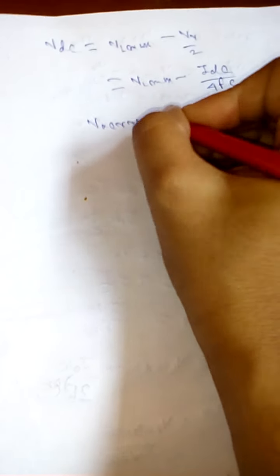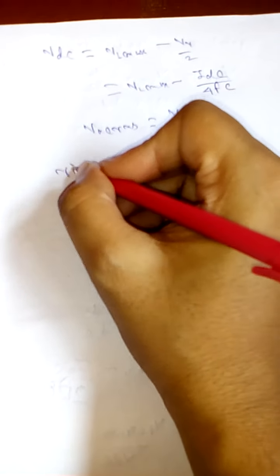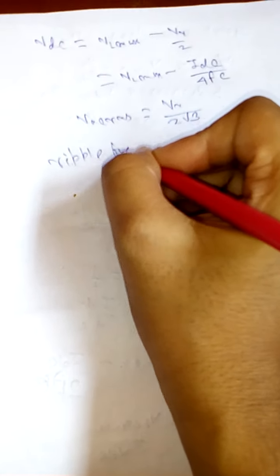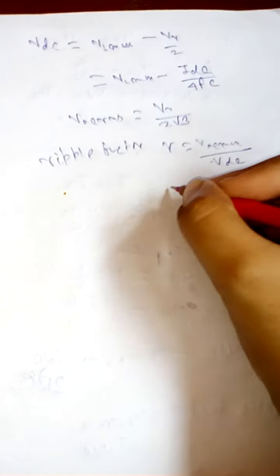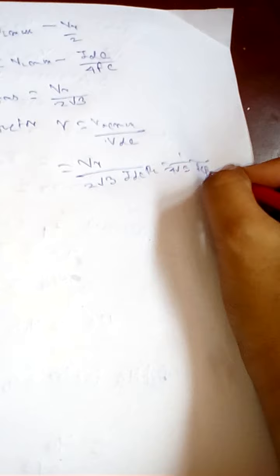VAC RMS equals VR by 2 root 3. So the ripple factor equals VAC by VDC, meaning VR by 2 root 3 IDC into RL, or 1 by 4 root 3 FCRL. This is the equation.